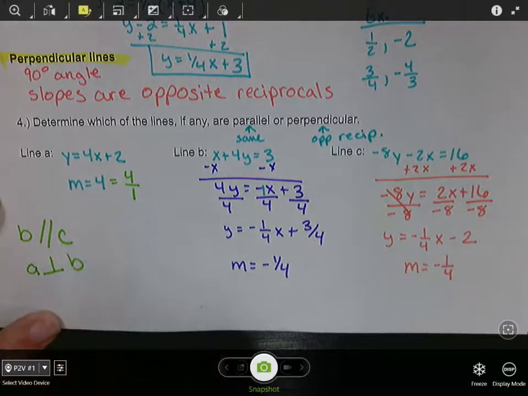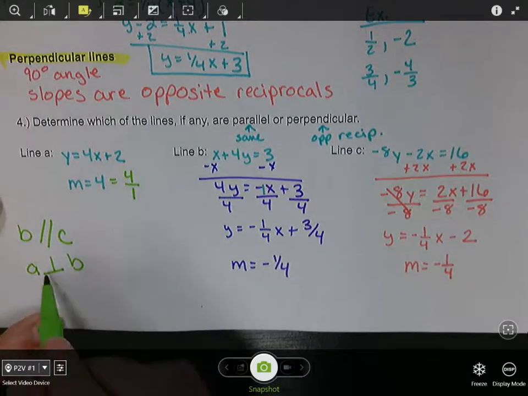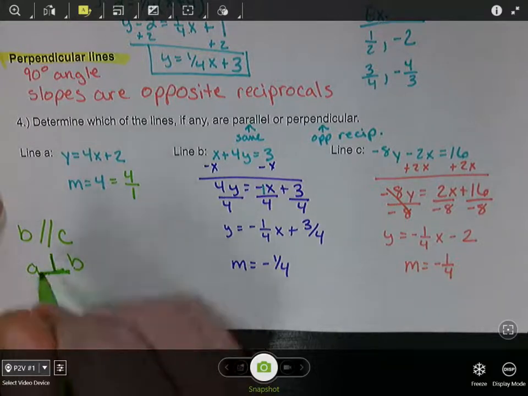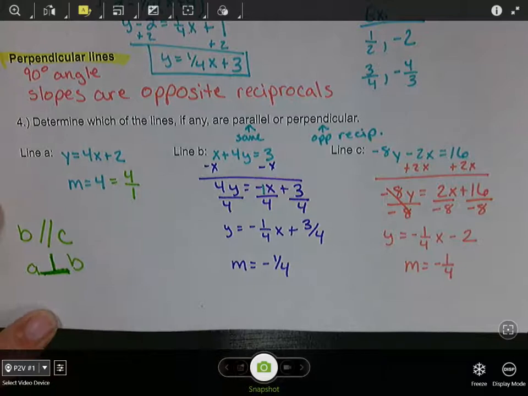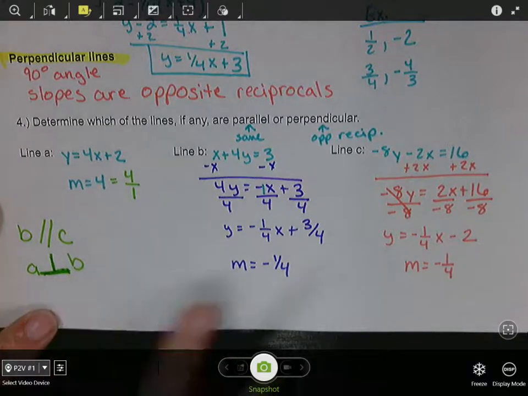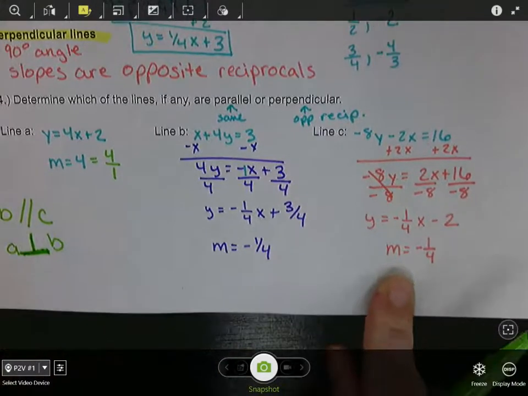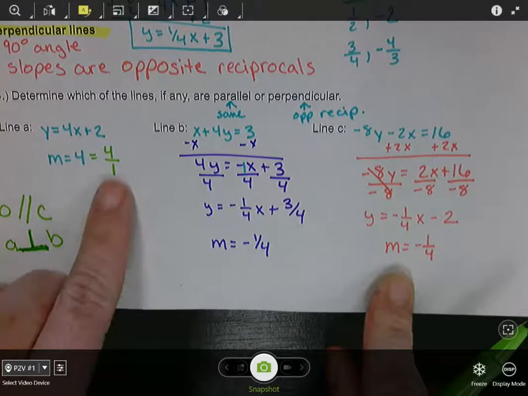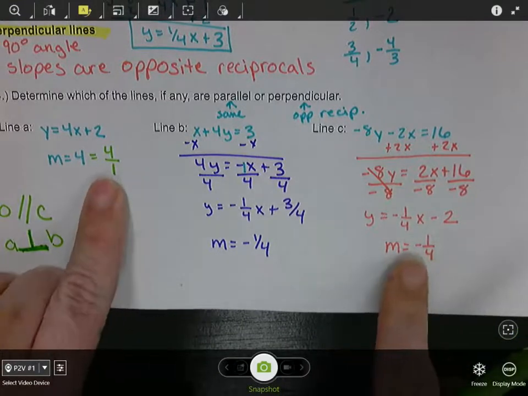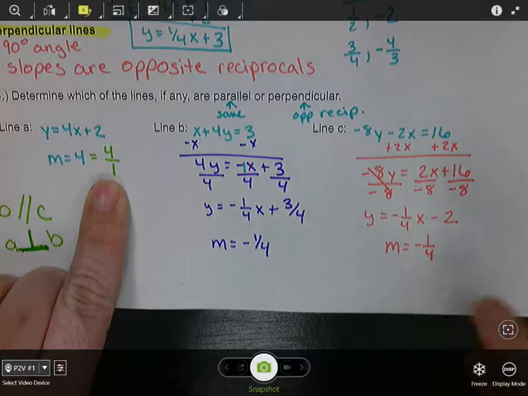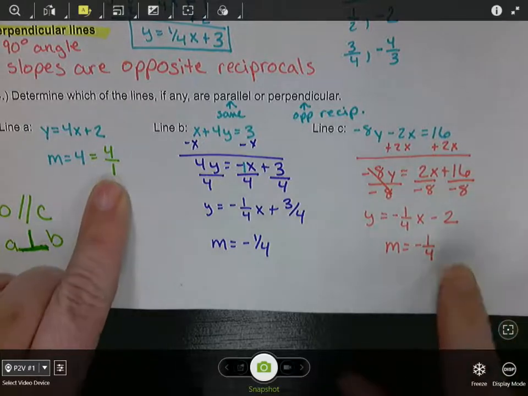And notice that instead of using the word perpendicular, I use the symbol. It's a capital T, but upside down, and it's not supposed to be slanted like mine was. So A is perpendicular to B. Now look at C. This one's 4/1 and this one's -1/4. They're different signs and they're reciprocals, 4/1, 1/4.